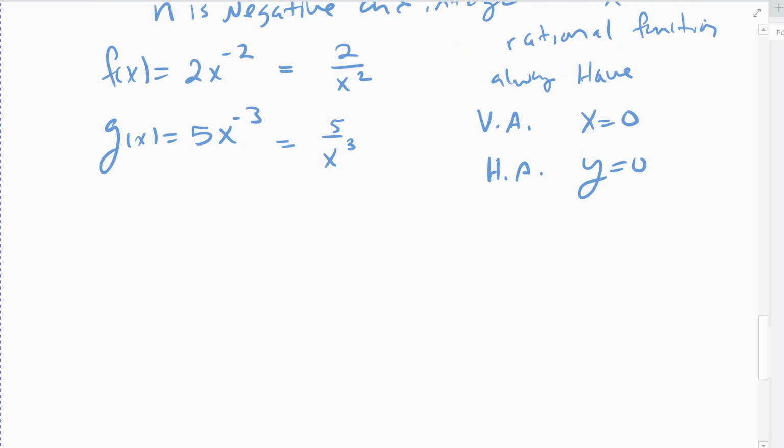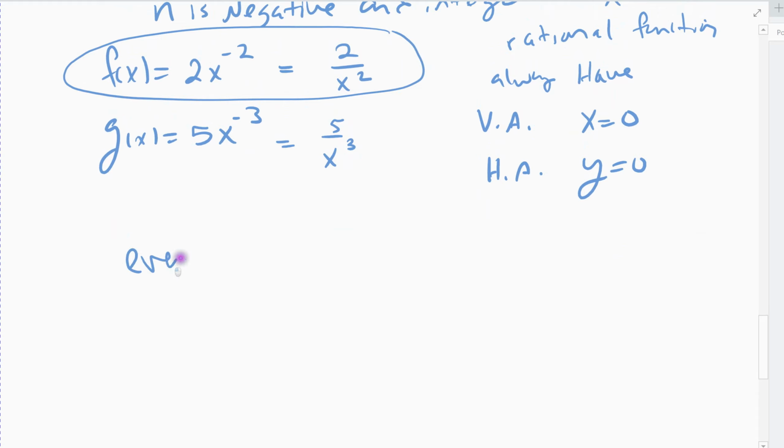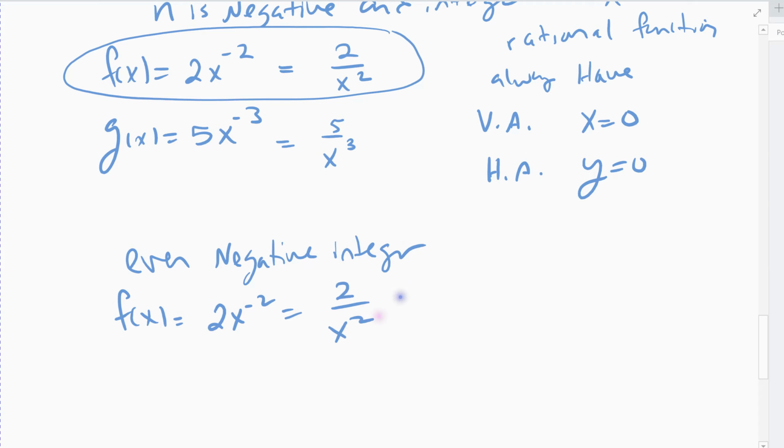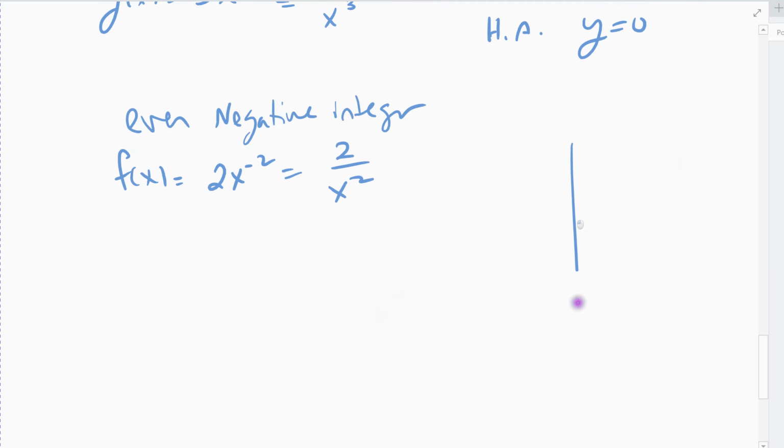Now, it again comes down to evenness and oddness, so I'm going to look at the first one. If I have an even negative integer, like that first example, f of x, which is 2x to the negative 2, which is really 2 divided by x squared, the shape of that graph, if you graph that out on your calculator, has an asymptote there and an asymptote there.